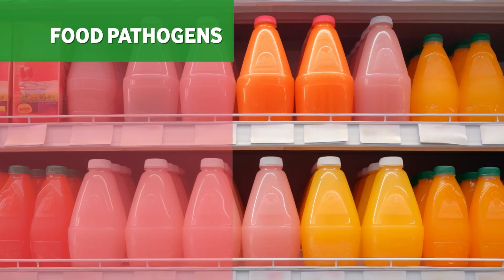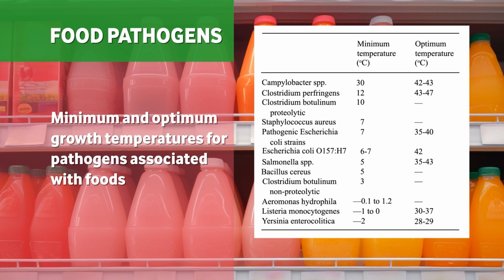For food, if we see the minimum and optimum growth temperature for certain pathogens, we can observe that some of the pathogens are able to grow at 7 or below, particularly Staphylococcus aureus in this table.